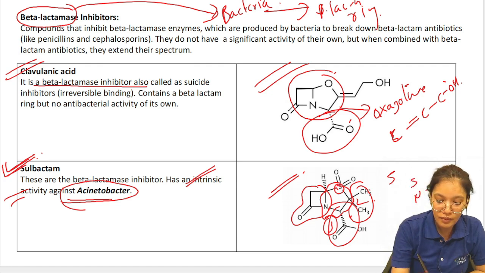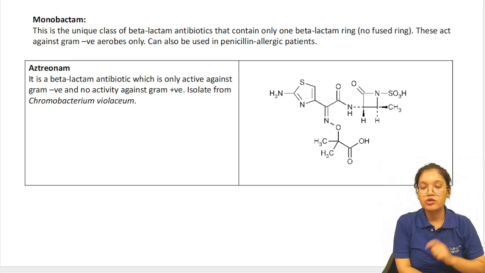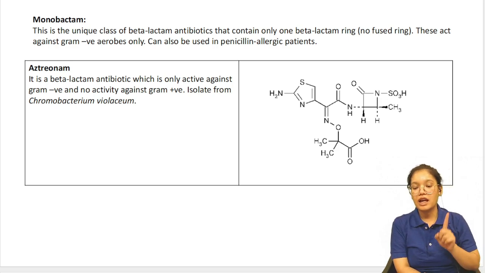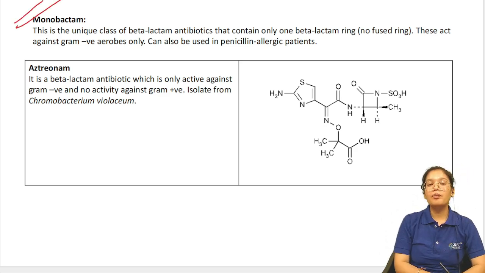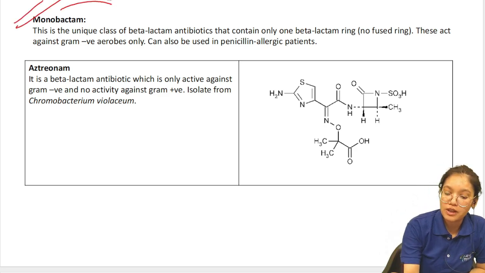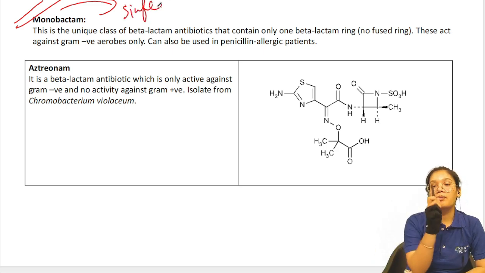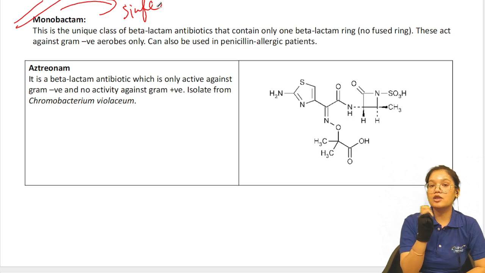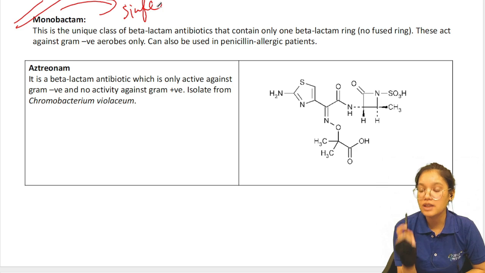Now moving forward towards the next class of beta-lactam antibiotics, that is the monobactam. By name we can say mono, and mono means single. So in this, the beta-lactam ring is not fused with any other ring or any other heterocyclic ring.